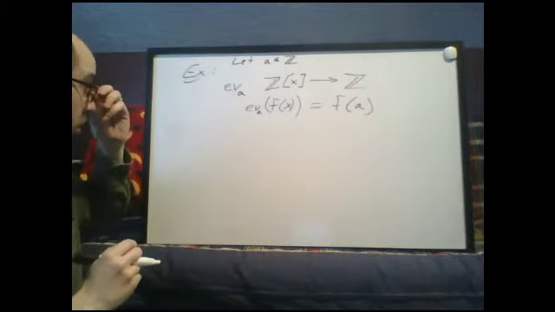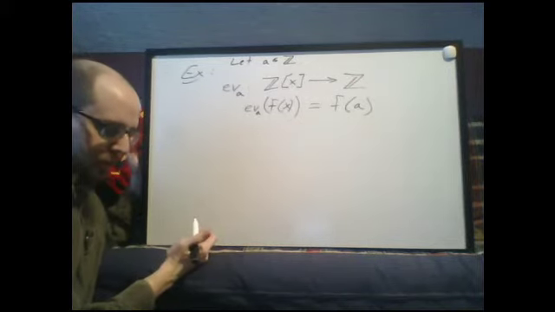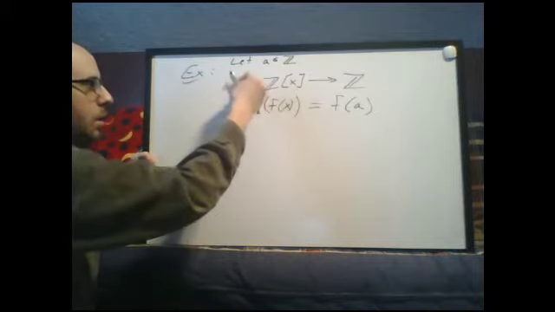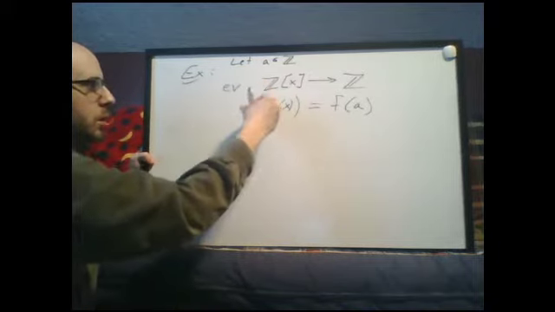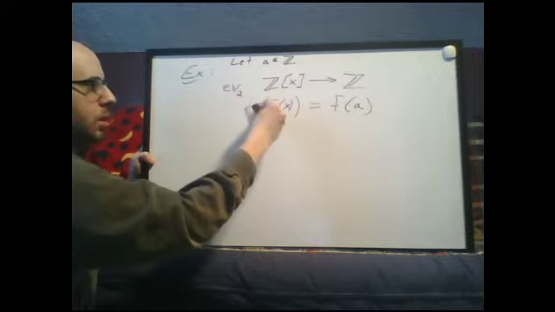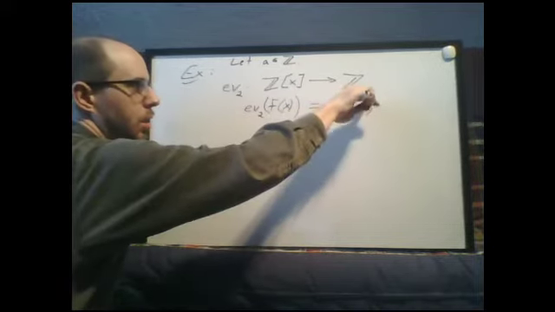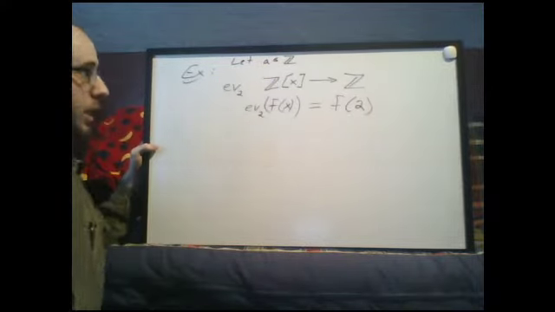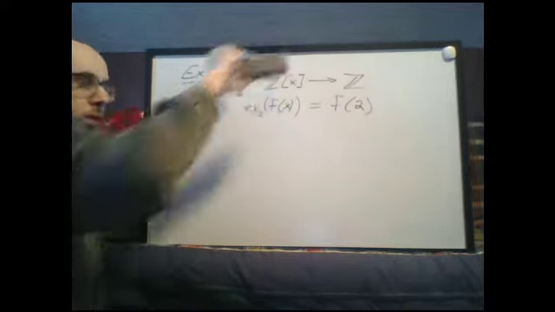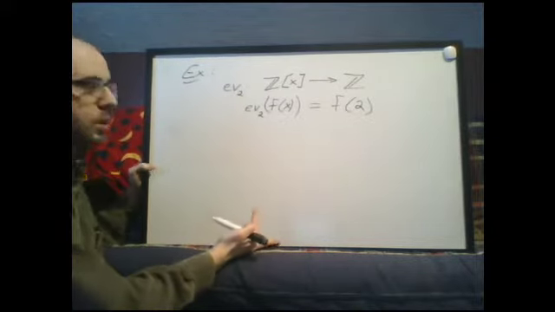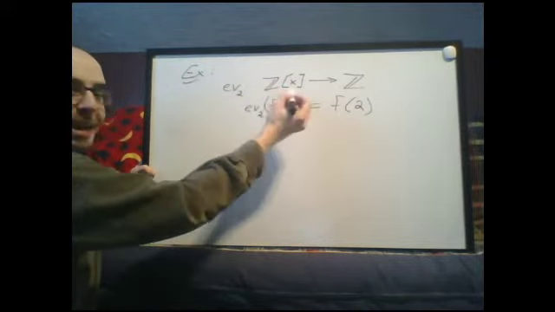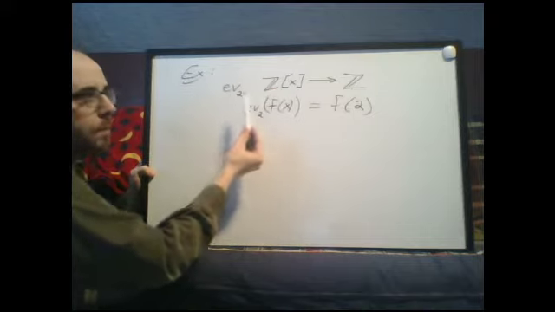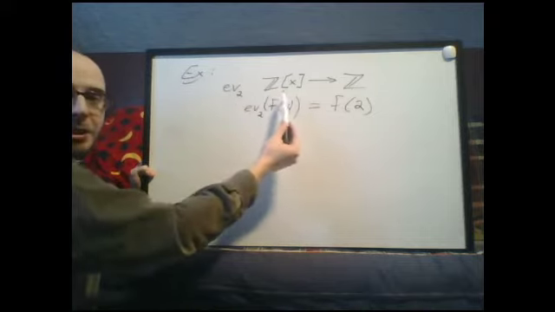Let's do a specific example. Say it was 2, EV2. I don't need to say let 2 be an integer. 2 is just an integer. So the function is ev sub 2, evaluation at 2. The input of that function is a polynomial.